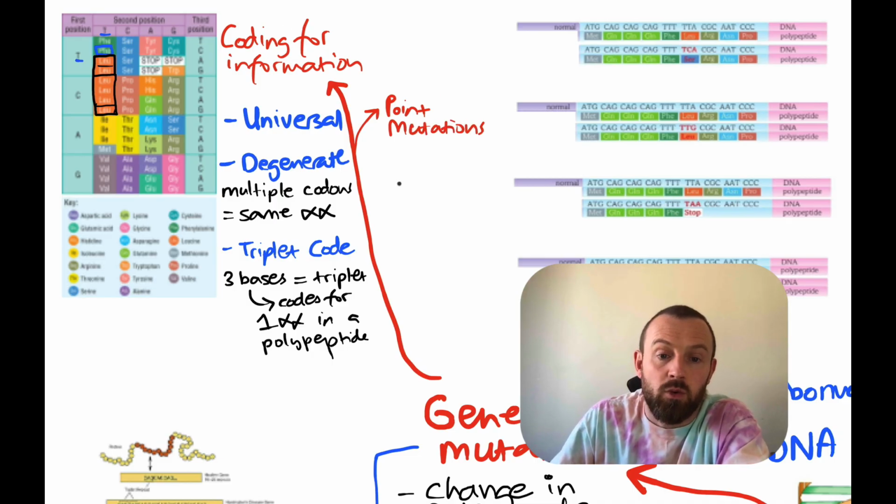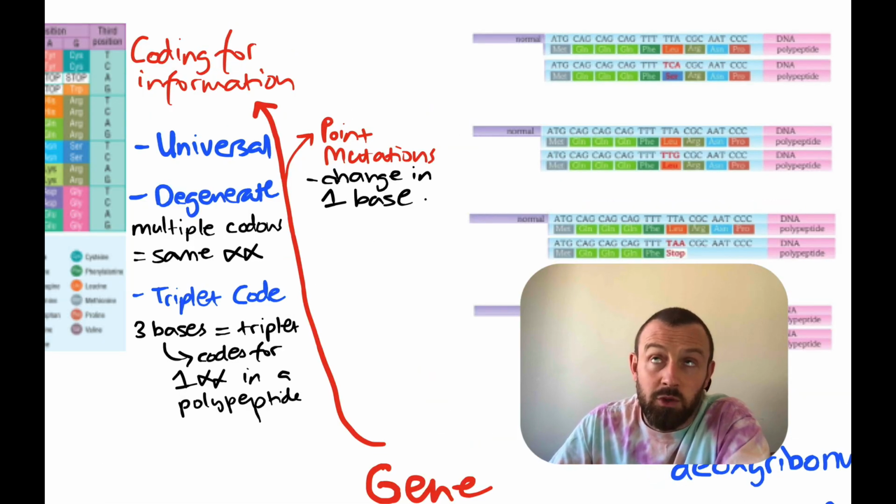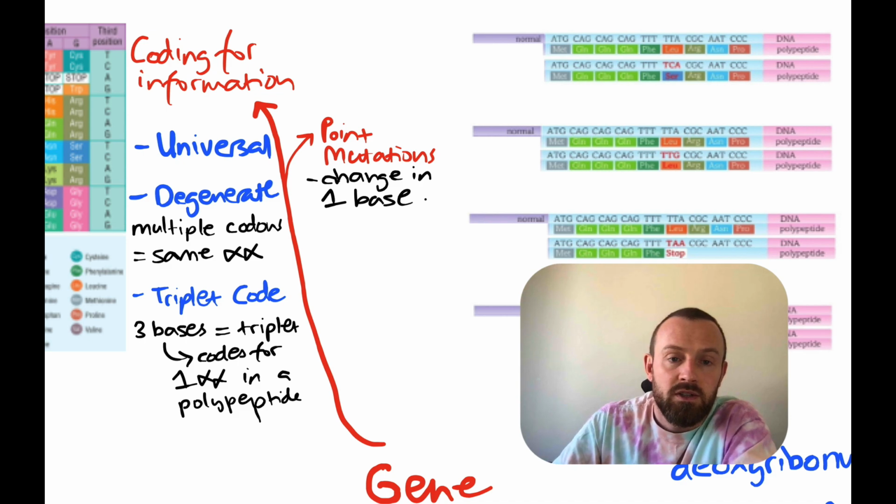And this is just a change in 1 letter, one base, let's say. What happens in a point mutation depends specifically on the letter change.